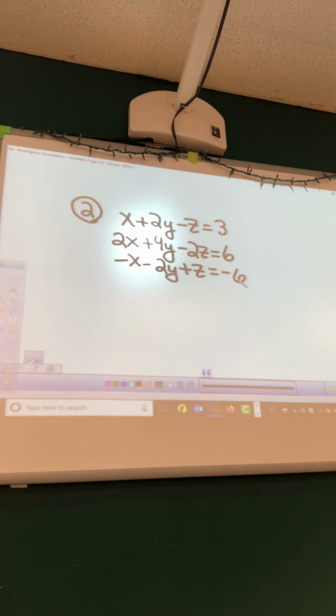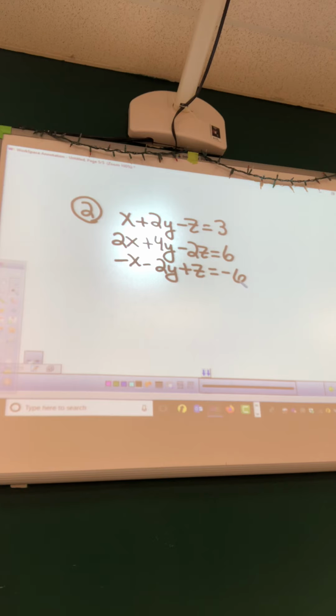But you can only look at 2 equations at a time, and we have to eliminate the same variable out of all 3 equations. So do we want to choose x, y, or z? What I did, I know 5 and 10, 15. X? Okay. So I heard an x.